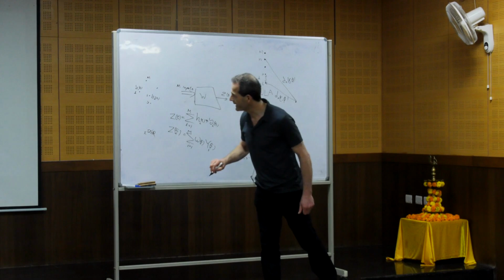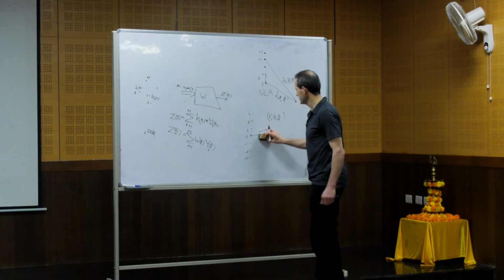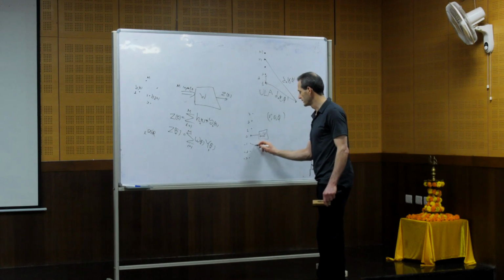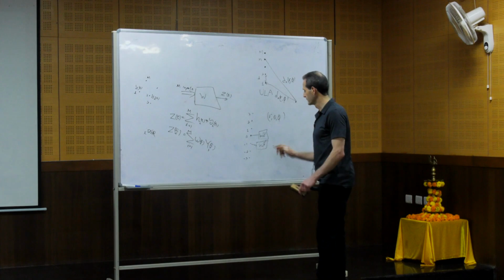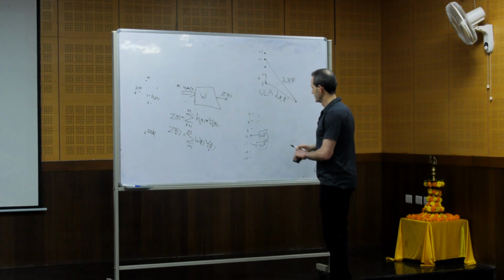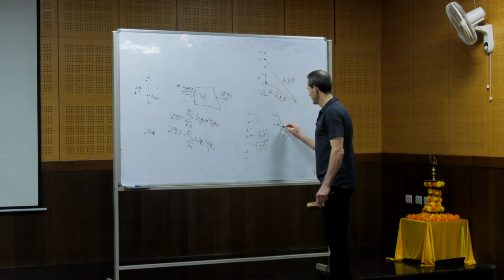Each one has a certain weight, so it will be W0, W1, and so on. Each one will be multiplied with a certain weight, and then we take all these outputs into account.